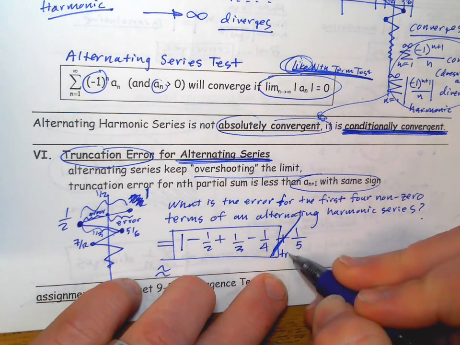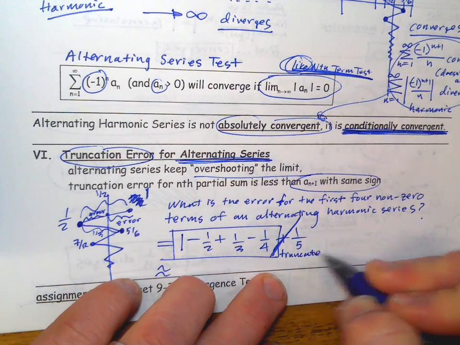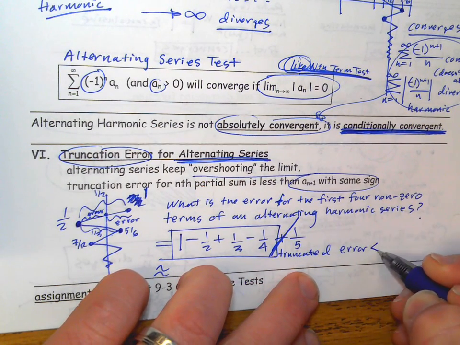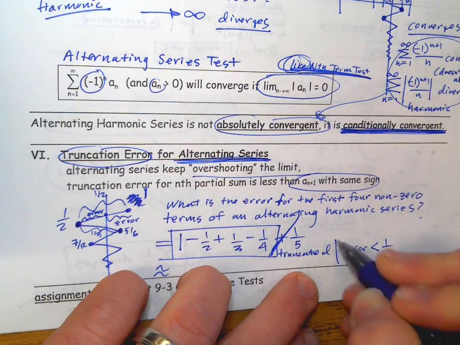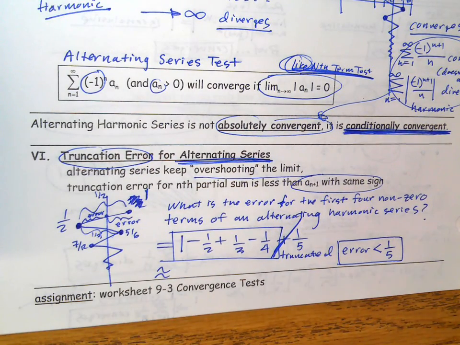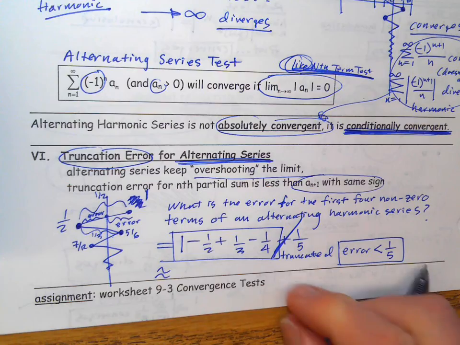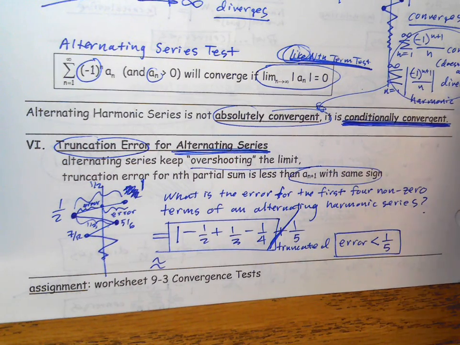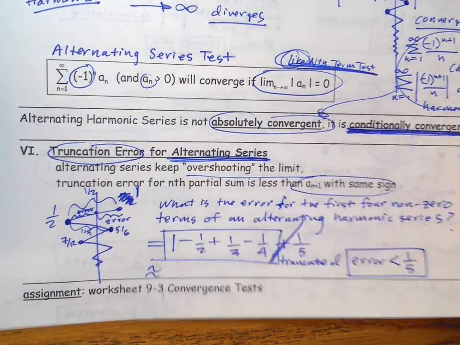This is called truncating, right? We cut it off. The error is for sure less than 1/5. It's less than just the next term after the one you took. So much simpler than the Lagrange error bound, but it only applies to alternating series.